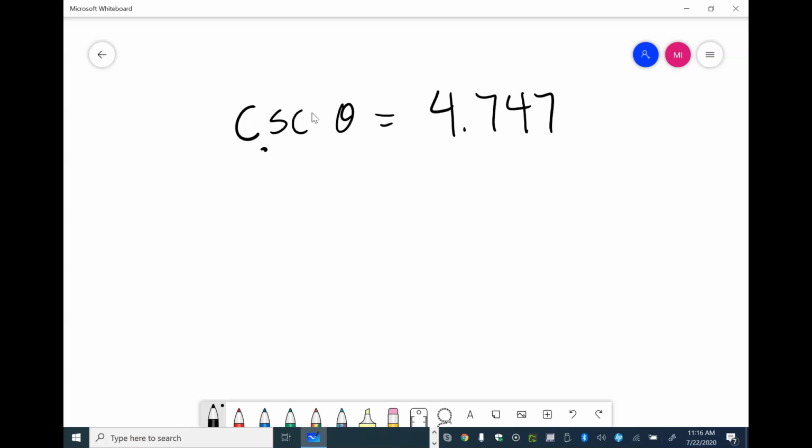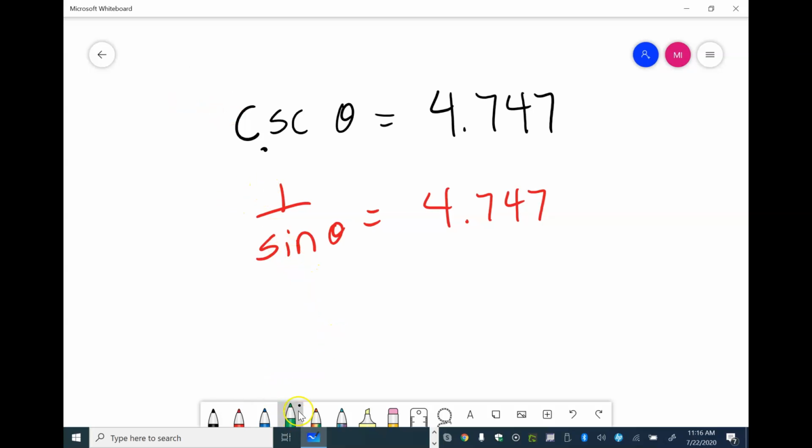So this is the problem that's given to us. We have cosecant of theta is equal to 4.747. So remember what this cosecant represents. It represents 1 over sine.